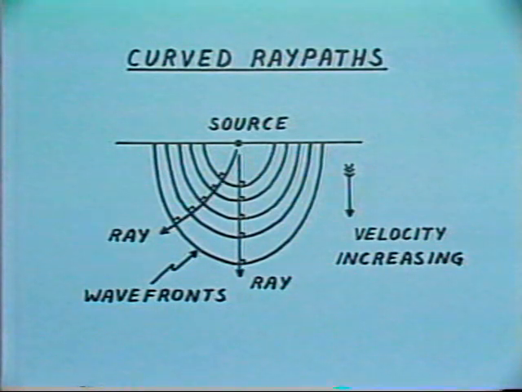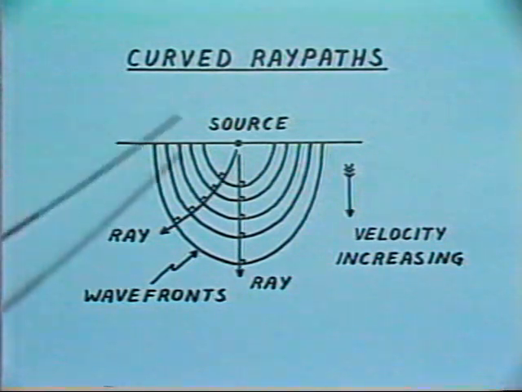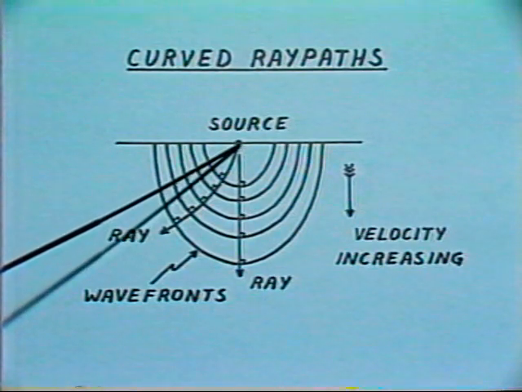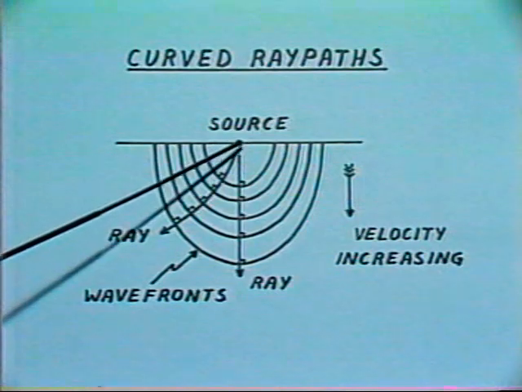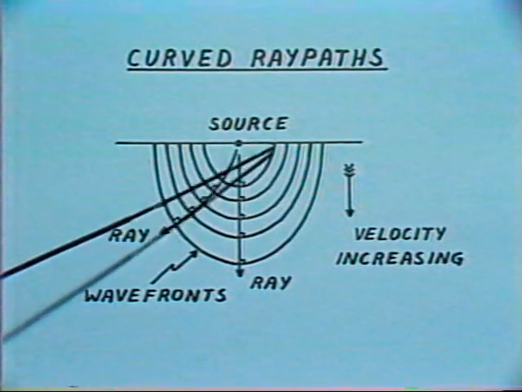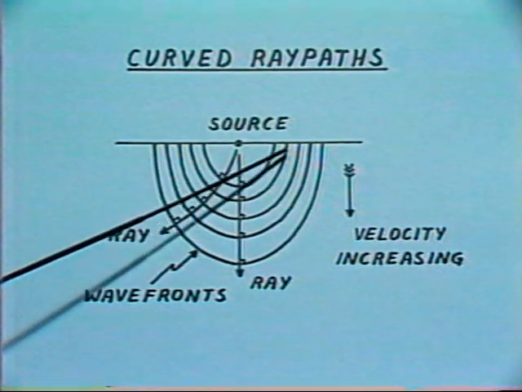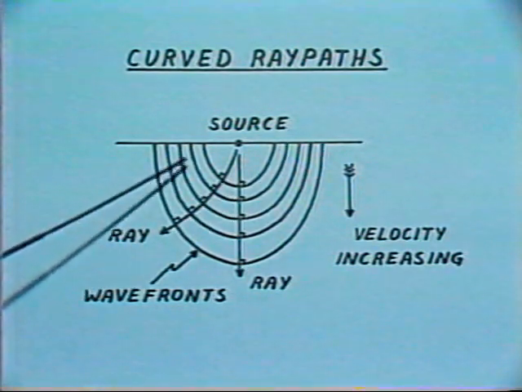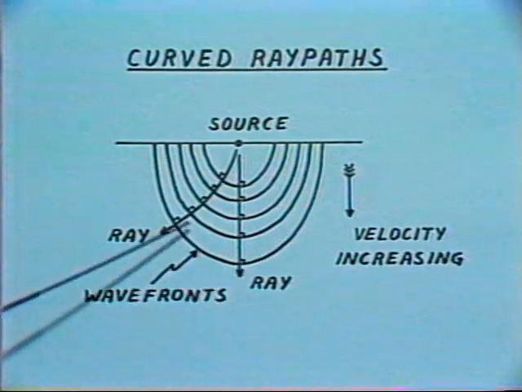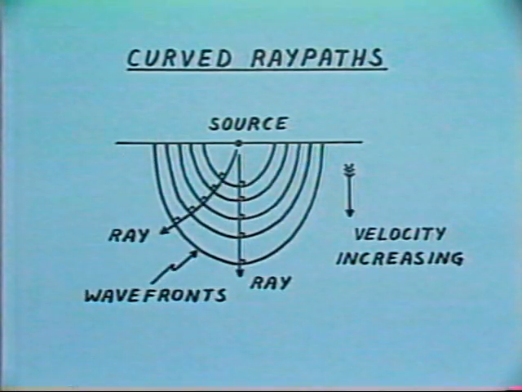And if we took a more real-life situation of a source, either at the surface or very near to the surface of the Earth, and looked at the wavefronts traveling out from that source, we'd see that in fact they formed something more like an elliptical shape, or a sort of egg-shaped series of wavefronts.